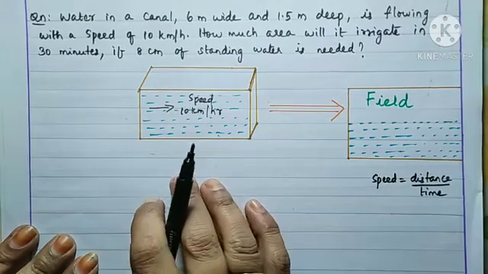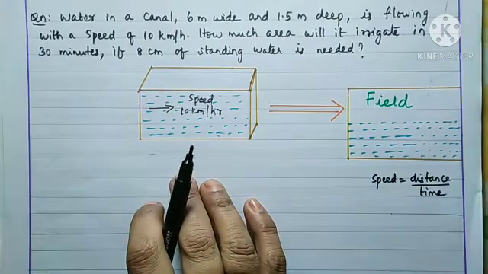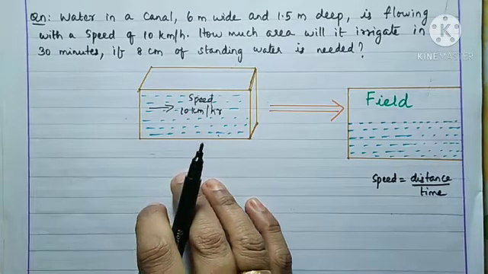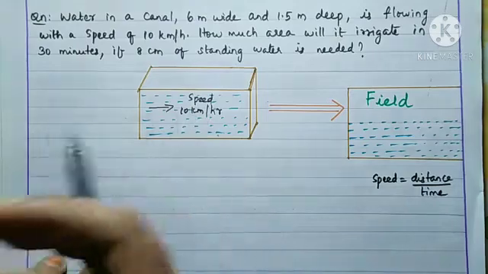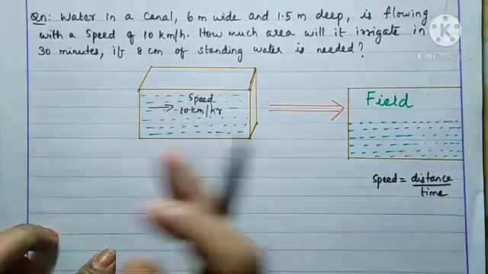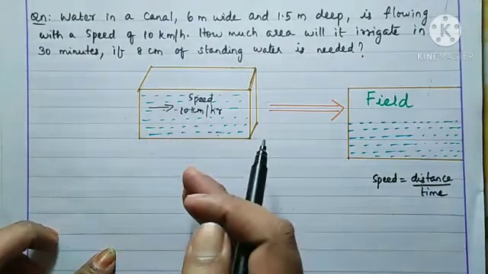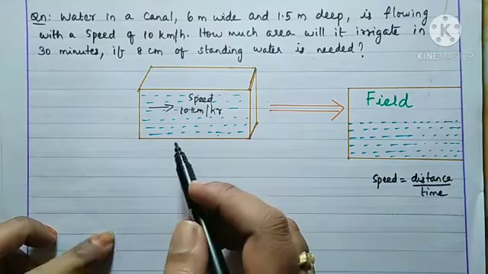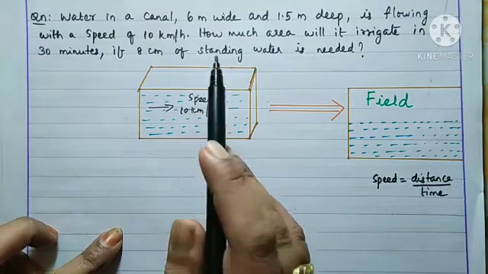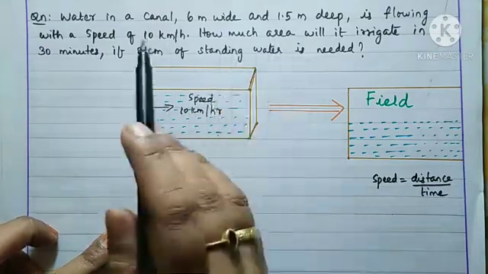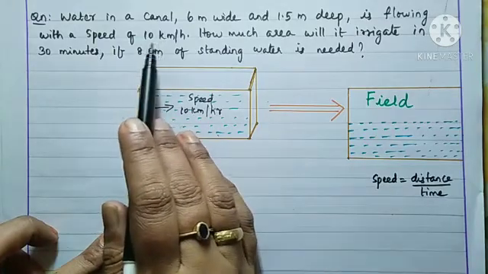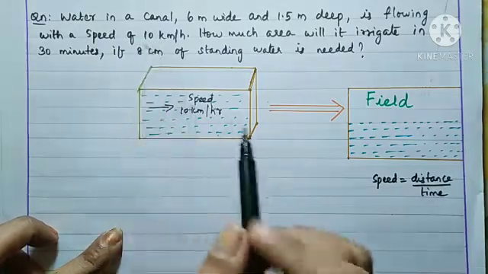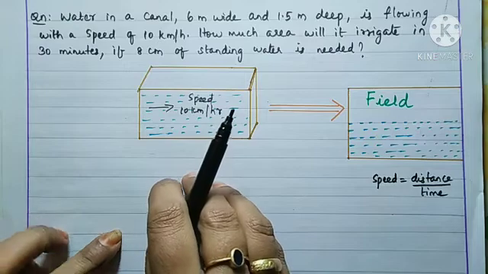Understood? So a canal can usually be any shape, and it will not always be a cuboid, it can have curves or bending or changes like that. But since in our problem the width and depth is given, and also we can find out the length from the speed of the water for this question.